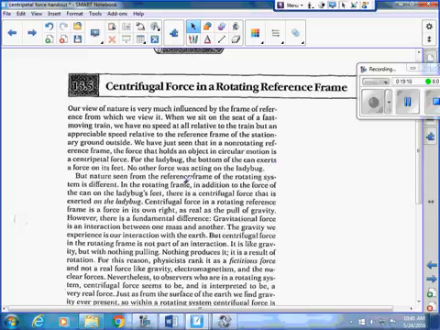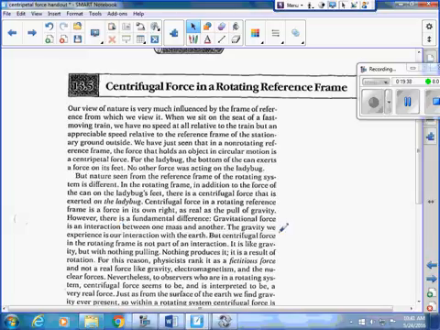In the rotating frame, in addition to the force of the can on the ladybug's feet, there is a centrifugal force that is exerted on the ladybug. If you're inside the rotating reference frame, you feel the force, you can describe the force, you see it. Centrifugal force in a rotating reference frame is a force in its own right, as real as the pull of gravity. However, there is a fundamental difference. Gravitational force is an interaction between one mass and another. The gravity that we experience is our interaction with the Earth.